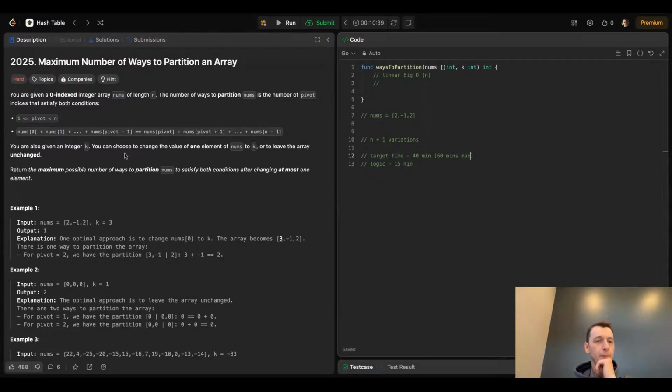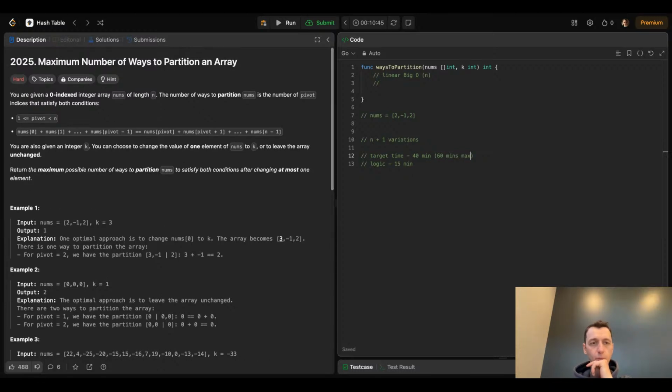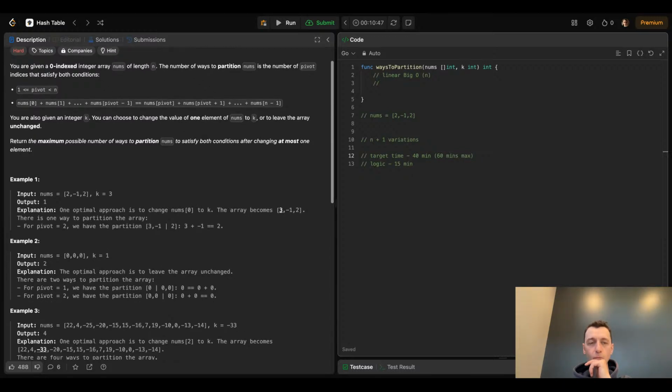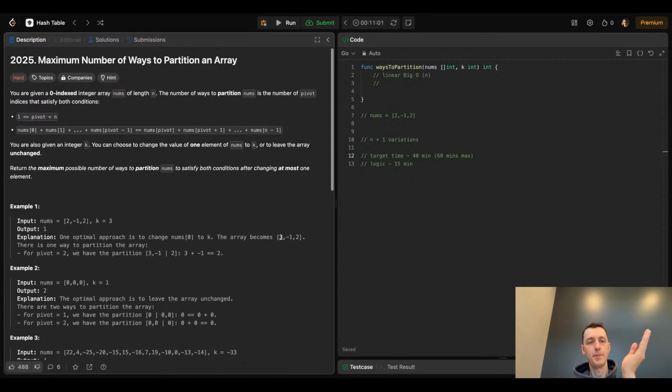So, what? I mean, can we do some kind of? Yeah, if we didn't change anything here, then it's 2, then 1, it's 1, 2. I mean, there are no partitions, no pivots at all.